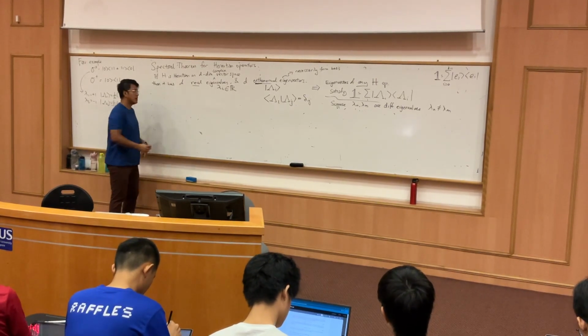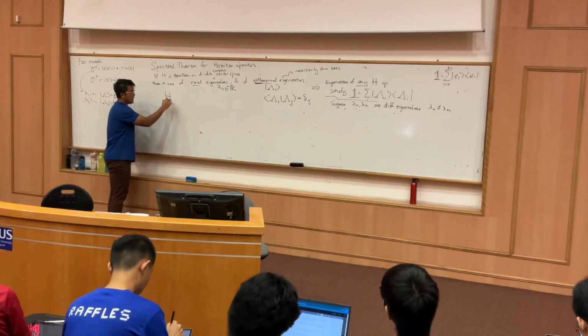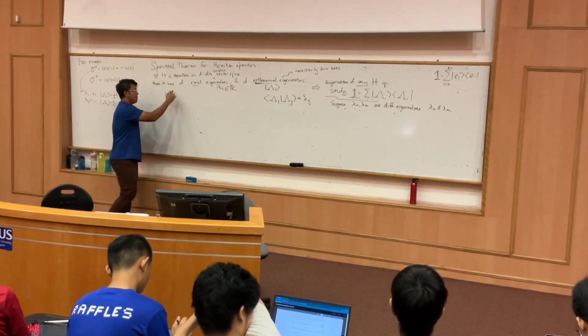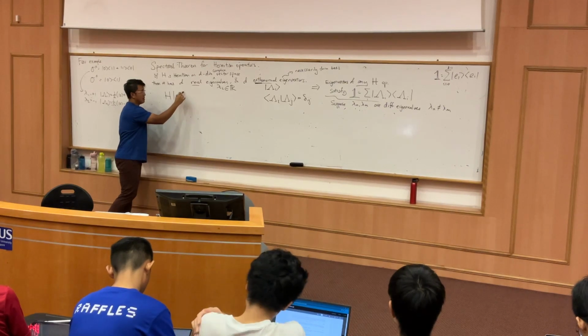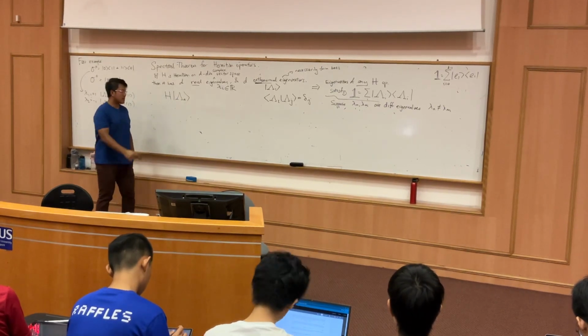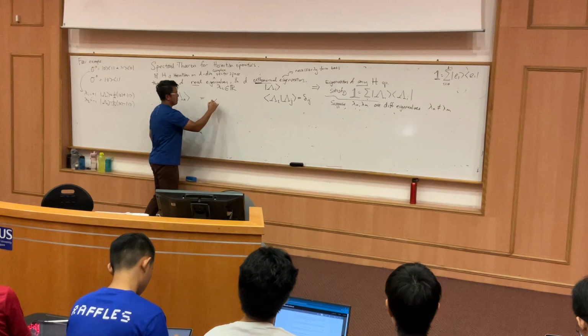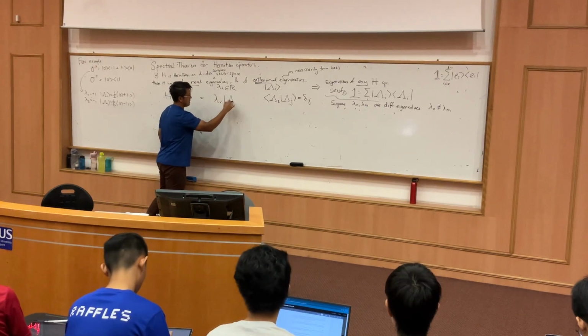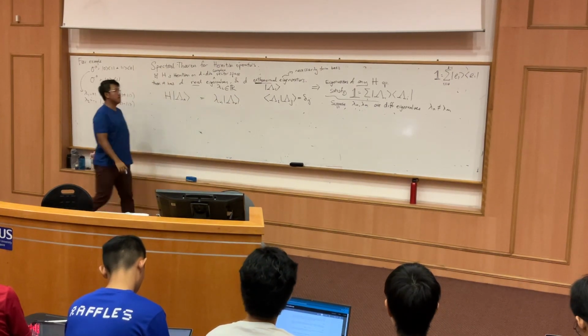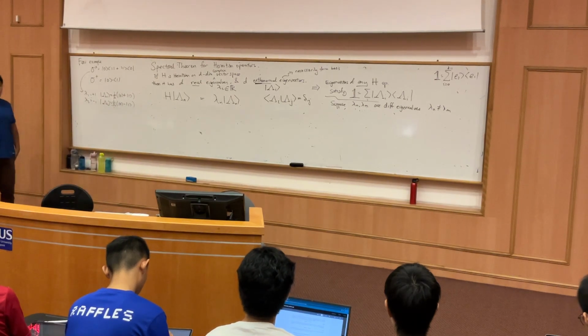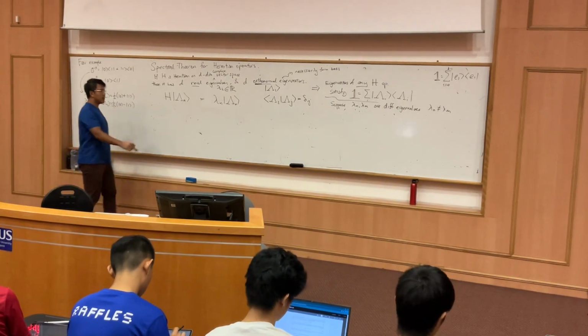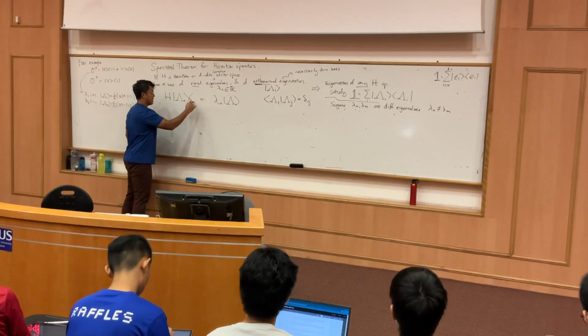Let's believe that. So by definition, H acting on big lambda n, on these eigenvectors, gives me small lambda n, big lambda n. But why don't I just simply take the outer product of big lambda n here?